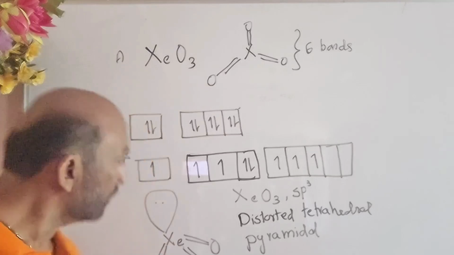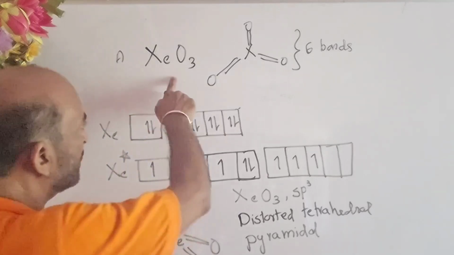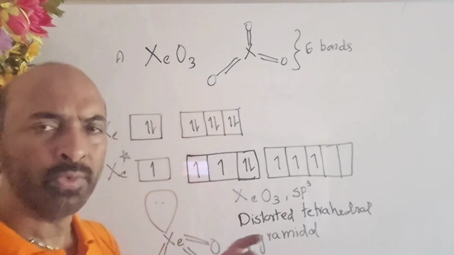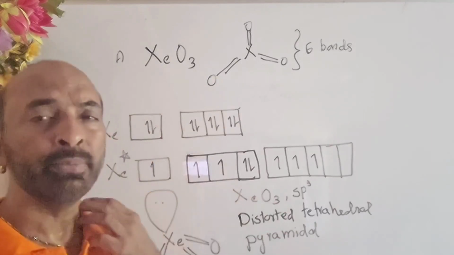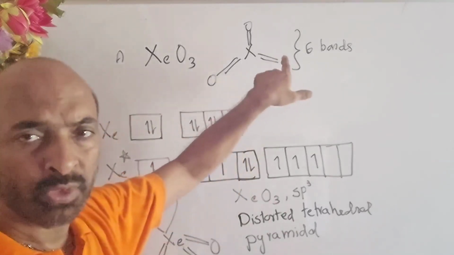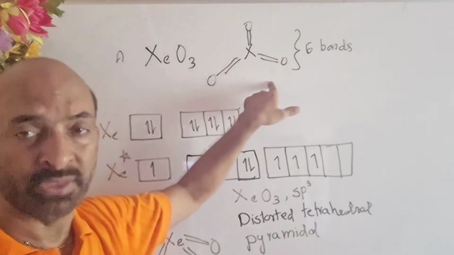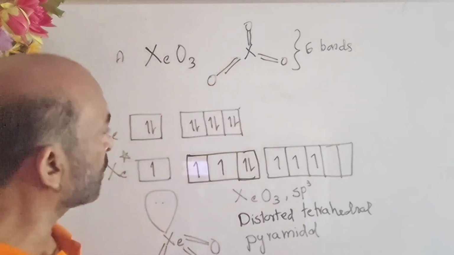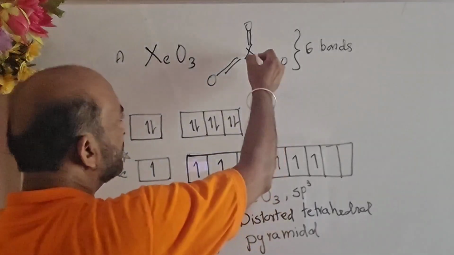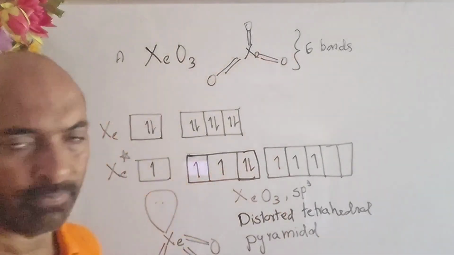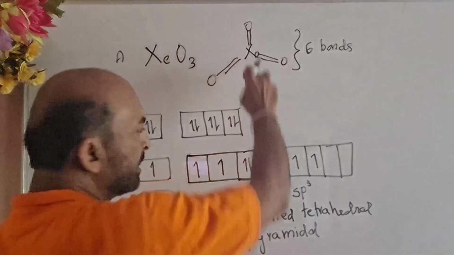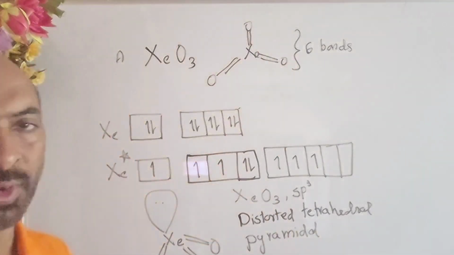Okay, so we start like this. Xenon XeO3. The first thing you have to do, if you are not already familiar, is draw a rough diagram to identify how many bonds it is forming. I have drawn it as Xe and 3 doubly bonded oxygen atoms. Means the central xenon has to form 6 bonds.